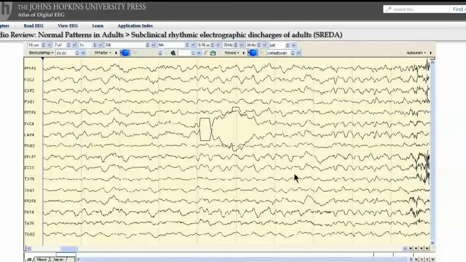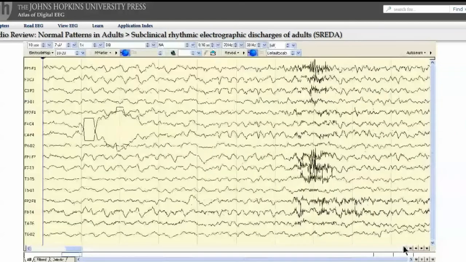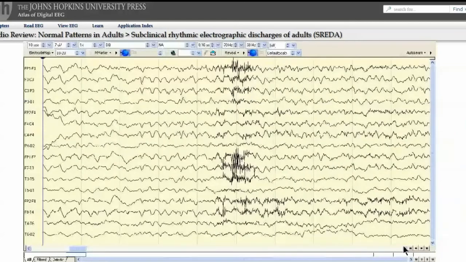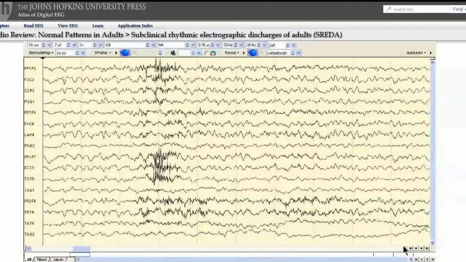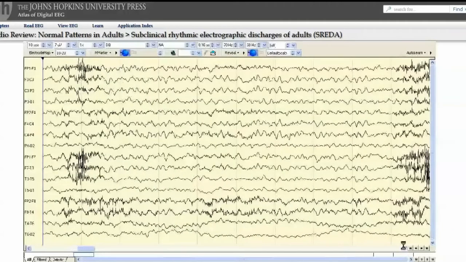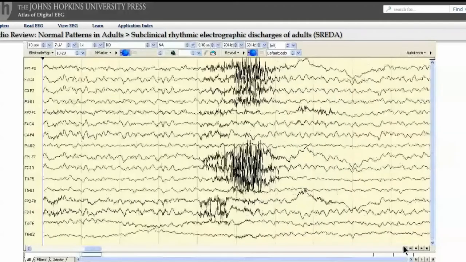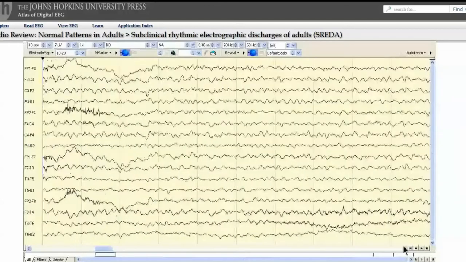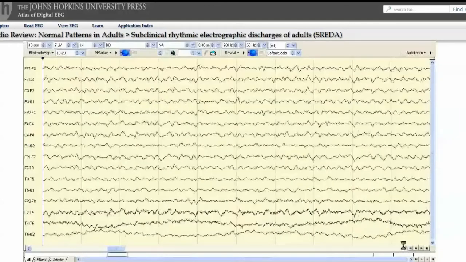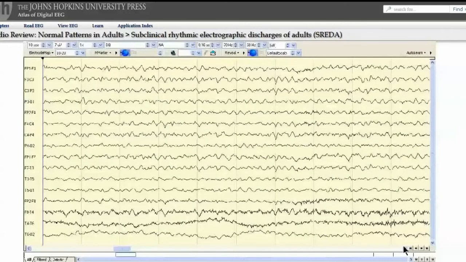And now accelerating to 3 times per second and perhaps 4 or more times per second. Towards the right of the screen, we can now see the increased frequency sustaining up to 8 times per second as it then fades and the patient returns to sleep.